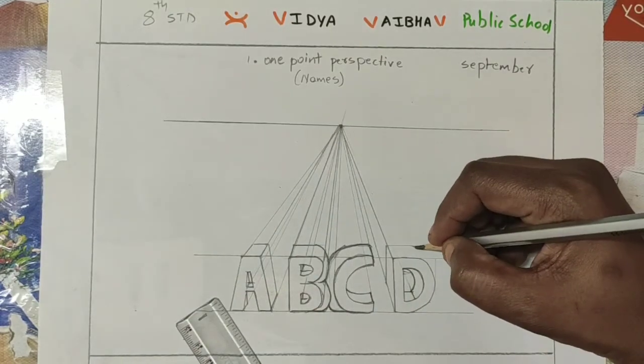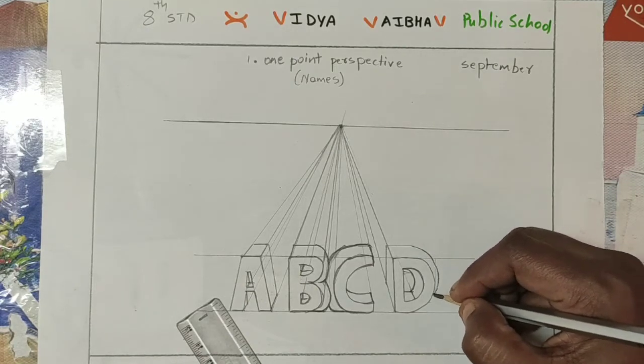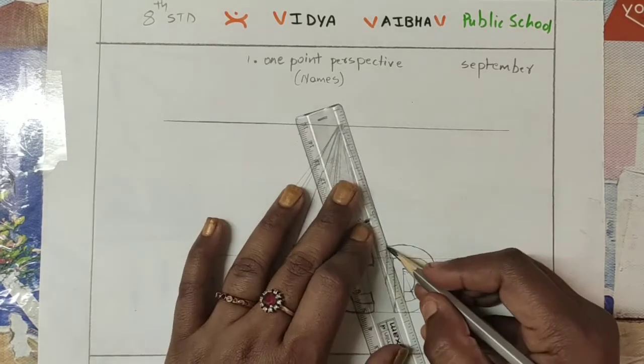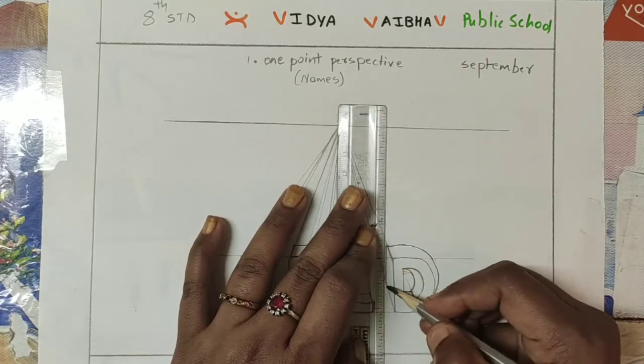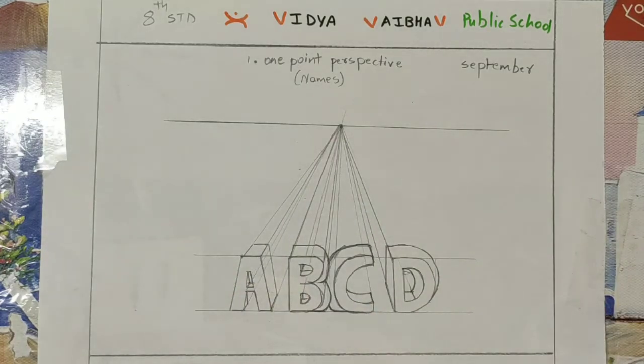See, now it will connect to the point. See, this is how it will work. You can see the depth also, right? See, for A and B we can see the right side, for C and D we can see the left side.